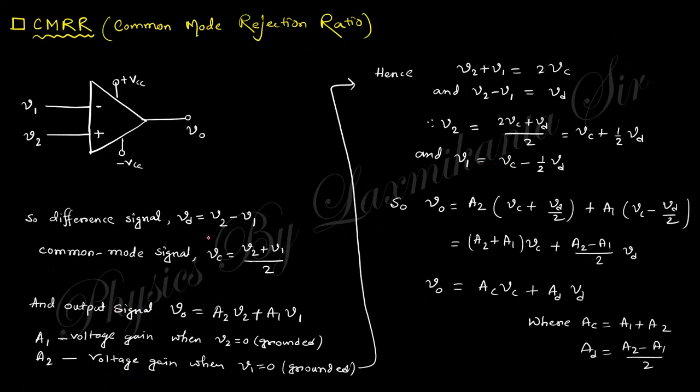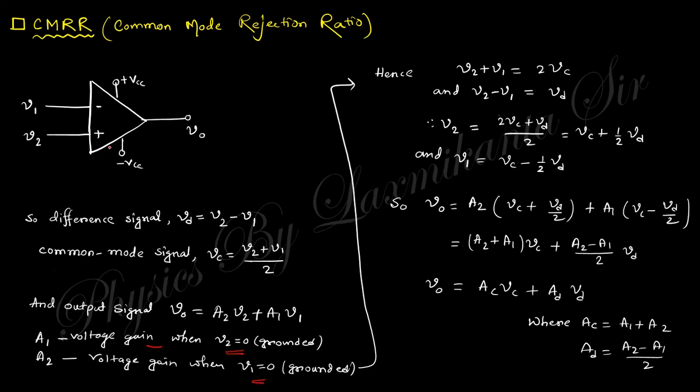This calculation will help you understand the CMRR. So V difference is the voltage difference between V1 and V2, and common is the average of these two voltages. The output voltage will be A2 V2 plus A1 V1, where A1 is the voltage gain when V2 is 0, and A2 is the voltage gain when V1 is 0.